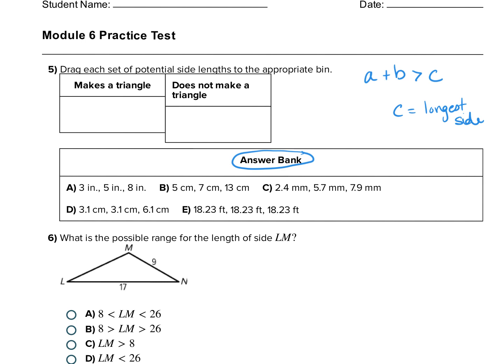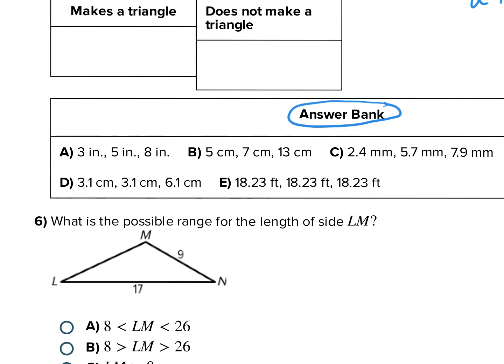So the inequality states that the sum of the 2 smaller sides has to be greater than the longest side for it to form a triangle. Okay, so if we look at A, we have 3, 5, and 8.